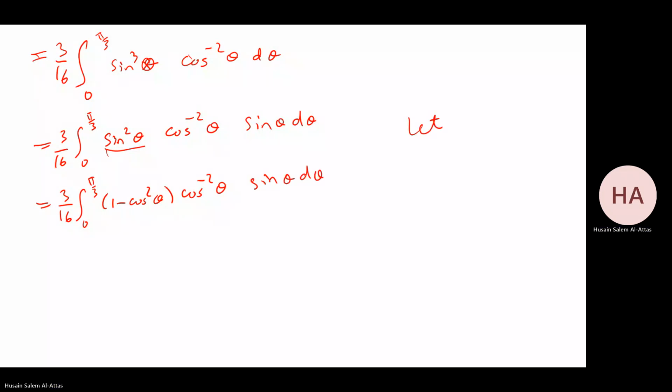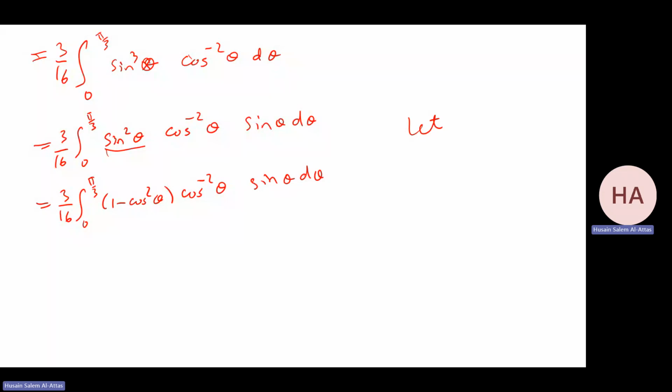So I let u equal cosine theta. The sign here and the minus sign here, that will be minus 3 over 16. And cosine 0 is 1.